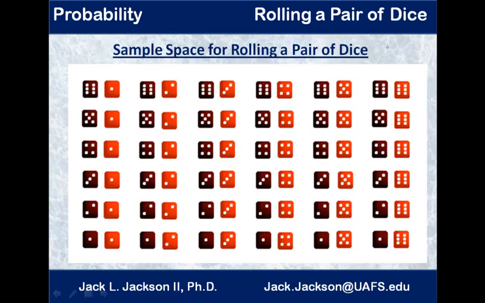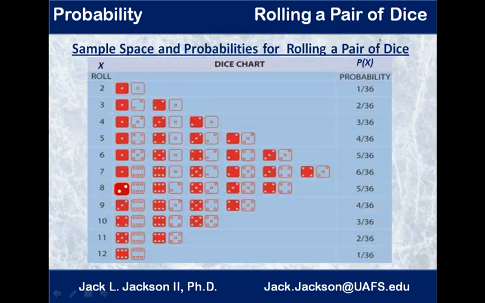Okay, now that you're back, let's take a look and see if you got this. So here's the actual dice rolls. We can see all the different possibilities here. And the actual rolls are here in the middle. And the x value, the random variable, is over here. The number of dots on each row is over here on the left. And if you look, the probabilities are over here.